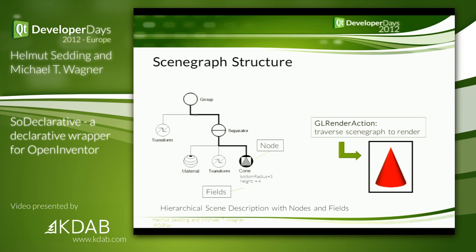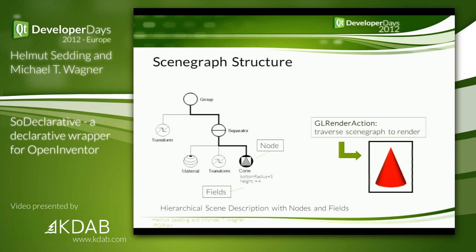So how does a scene graph work? You define your scene with nodes, which can be ordered in a hierarchy. If I want to do, for example, a red cone like you see here, I first do a material node, a transform if I want to move it around, and then the cone itself is an object represented as a node in the scene graph.